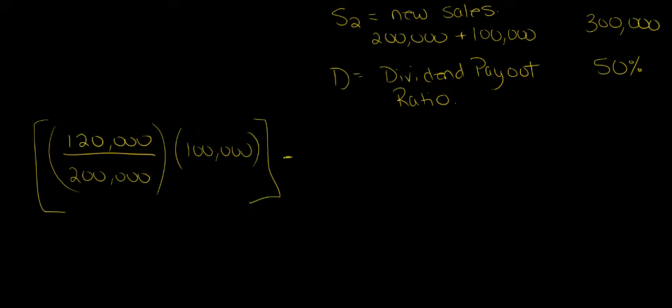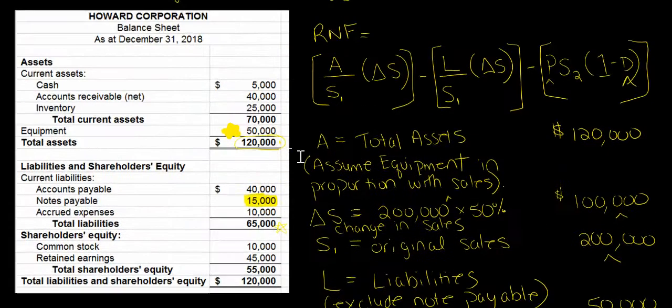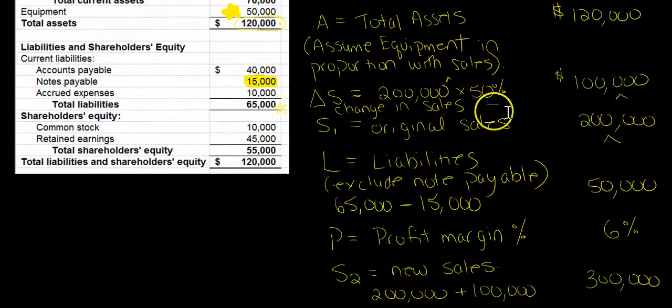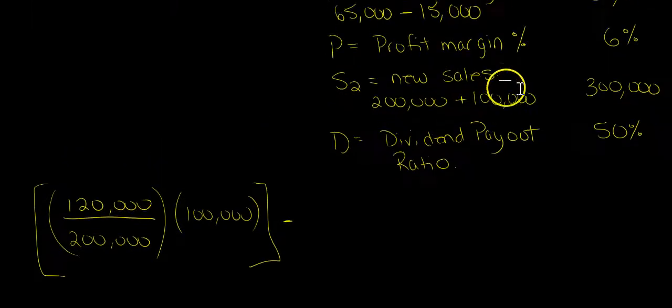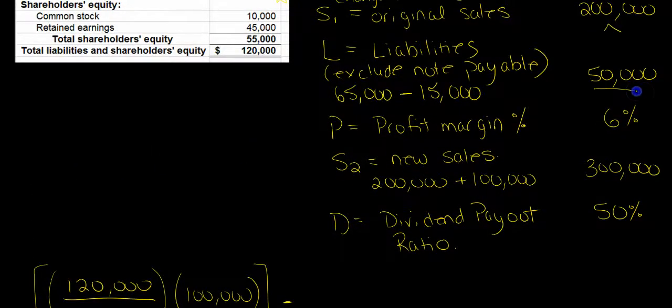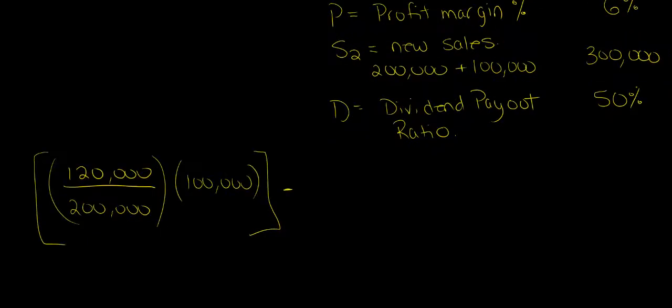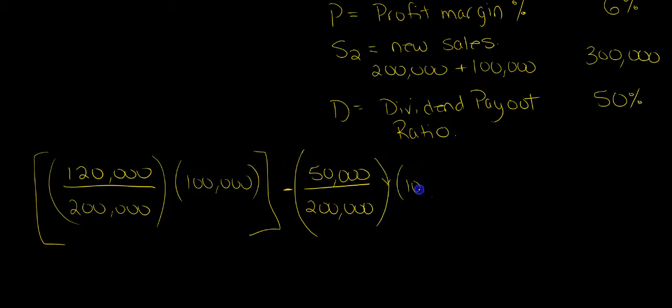Then I'm going to subtract the second part of the formula. So now I'm working on this part right here. So my liabilities, excluding the notes payable, is 50,000. So I'll put this in, 50,000. Divide that by the old sales, which are 200,000, and then multiply that by the change of 100,000.